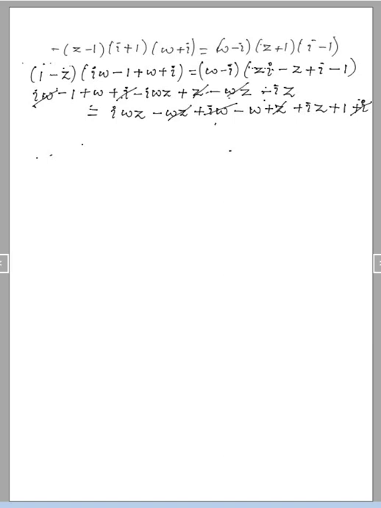So the left out term, we shall write down the left out term, that is minus 1 plus W minus IWZ minus IZ, it is equal to IWZ minus W plus IZ plus 1.